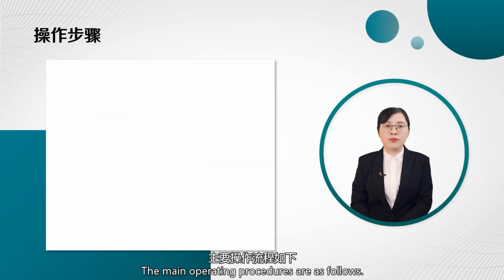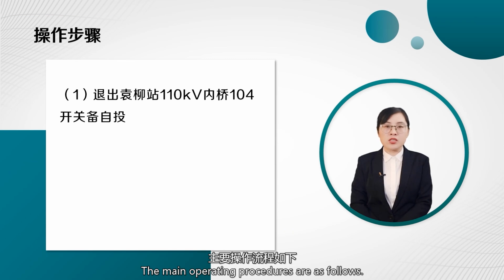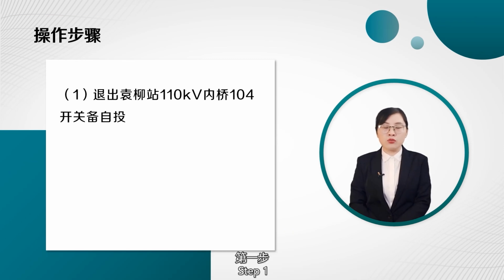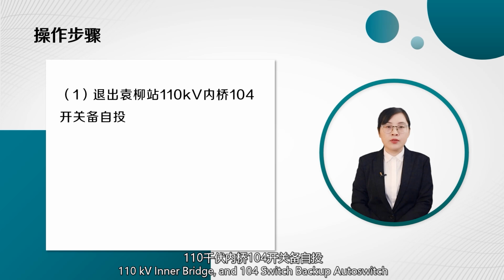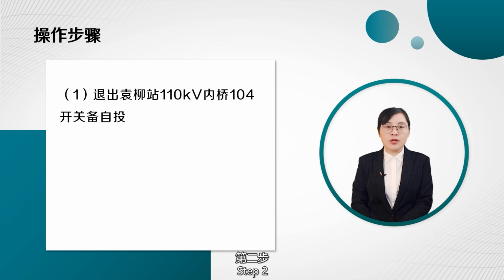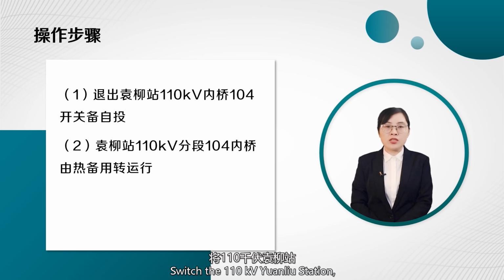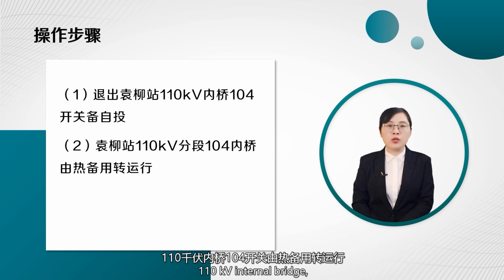The main operating procedures are as follows. Step 1. Exit the 110 kV 源流 station 110 kV inner bridge 104 switch backup automatic switching. Step 2. Switch the 110 kV 源流 station 110 kV inner bridge 104 switch from hot standby to operation.